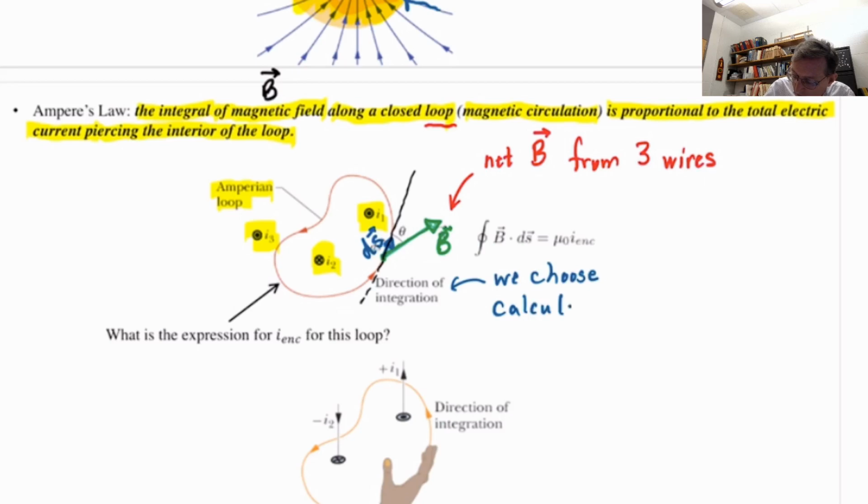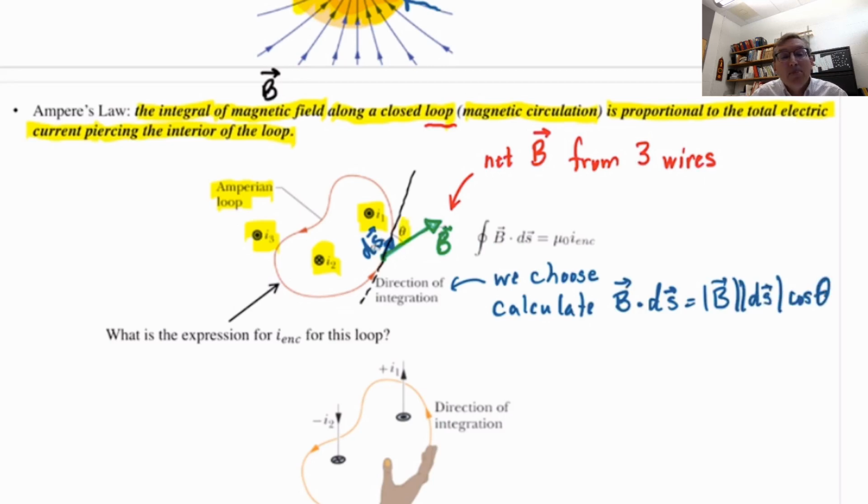B arrow dot ds arrow is an actual dot product of two vectors, which means take the magnitude of the first vector, the magnitude of the second vector, and the cosine of the angle between them when they're drawn with a common tail. I'll call that angle theta. You can see it's actually labeled in the diagram. And you'll get some scalar number when you do that for that one little piece.